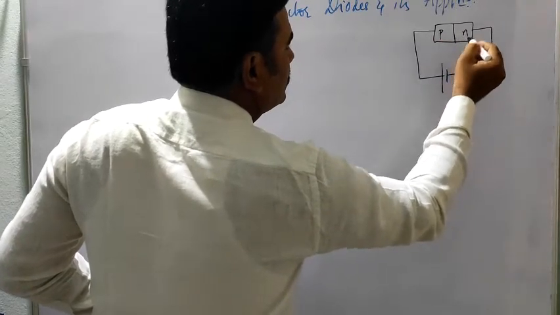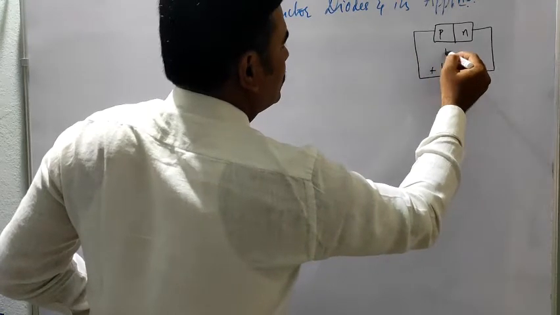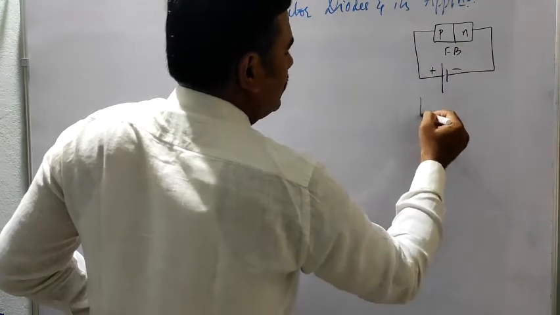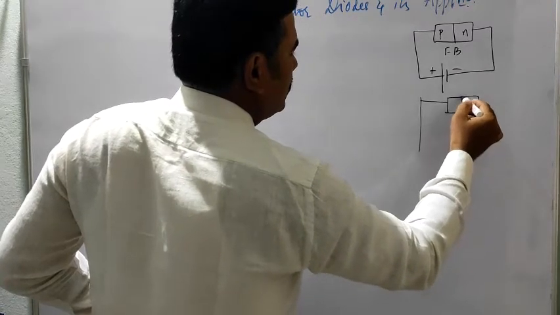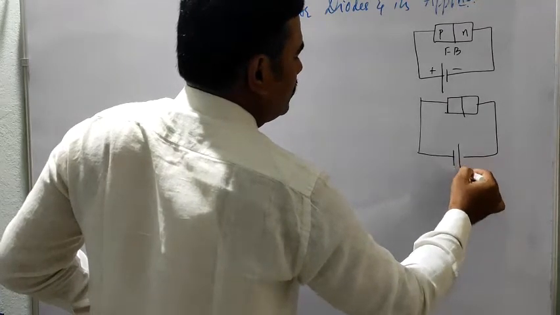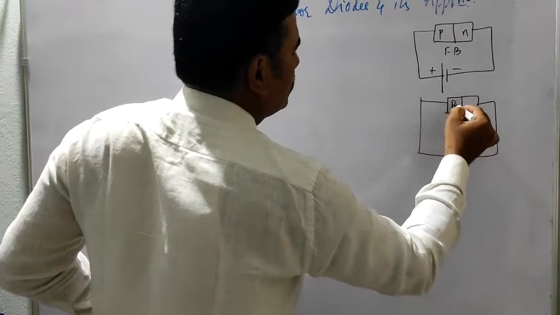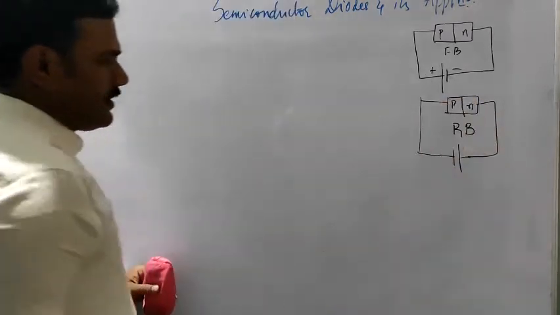This is P, this is N. Now we say that this is forward biased, and if we draw another structure where the supply is reversed, we say this particular structure is reverse biased.